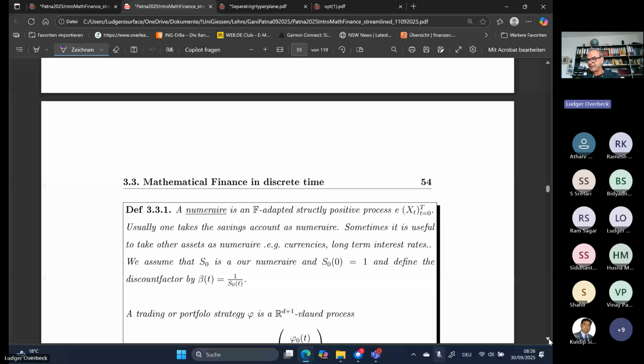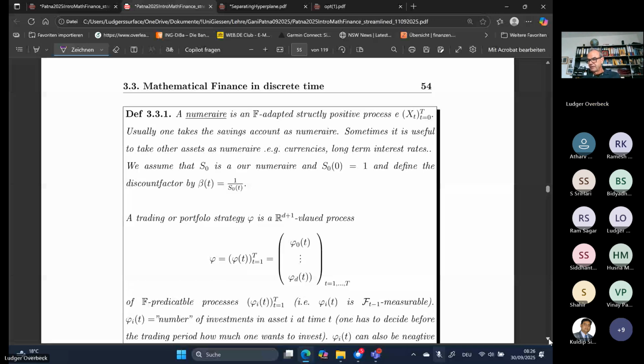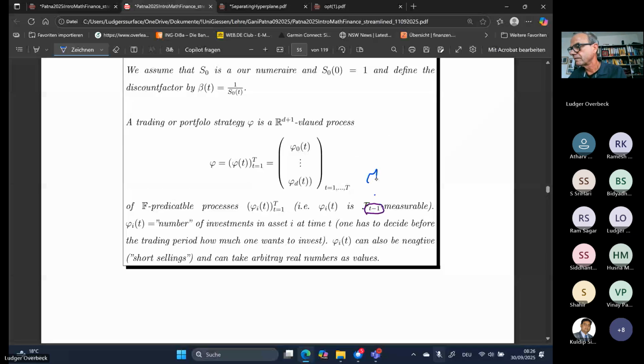And then we have a trading strategy. The only important thing about the trading strategy is that you have to decide how much you want to invest at time t minus 1, and then you have to wait one period in order to know how this investment will evolve.